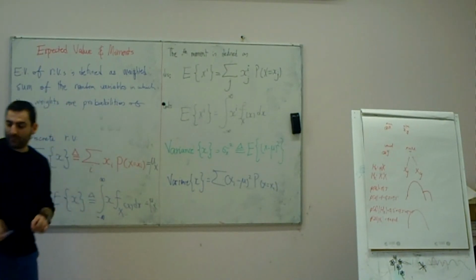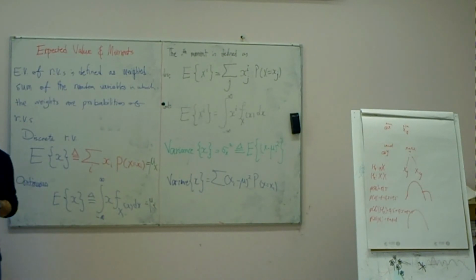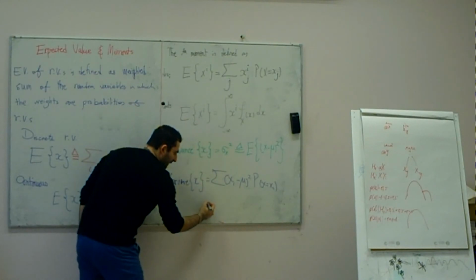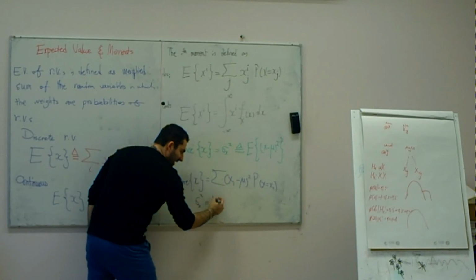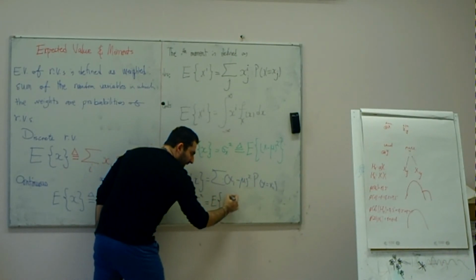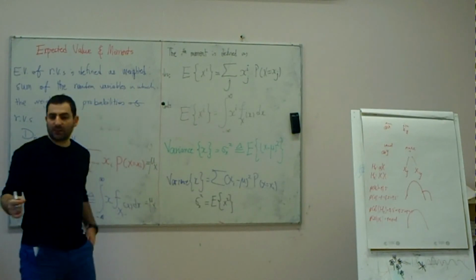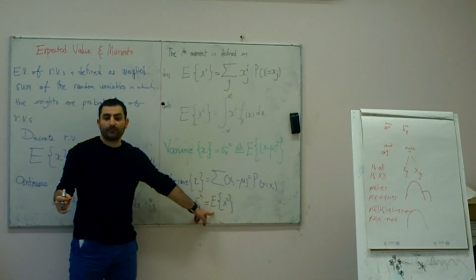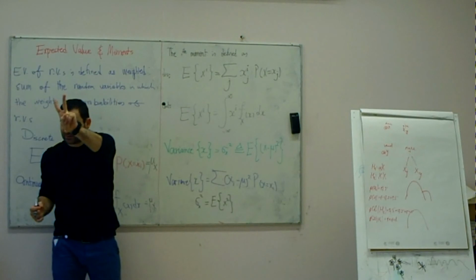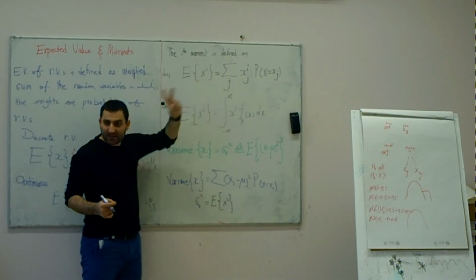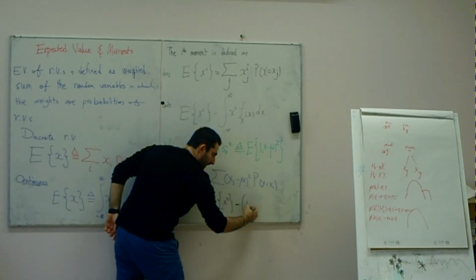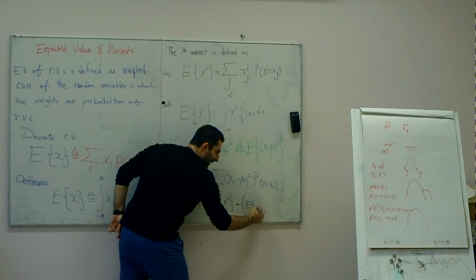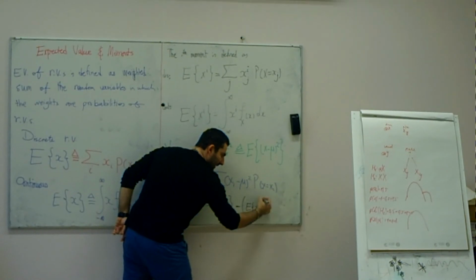But what is important for us is this formula that I'm writing. This is a very important formula. The variance of x, sigma x squared, is defined as the expected value of x squared. What is this? This is the second moment, because i is 2. Minus the expected value of x, squared.